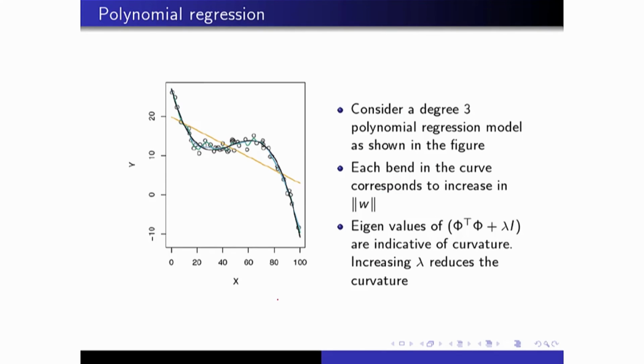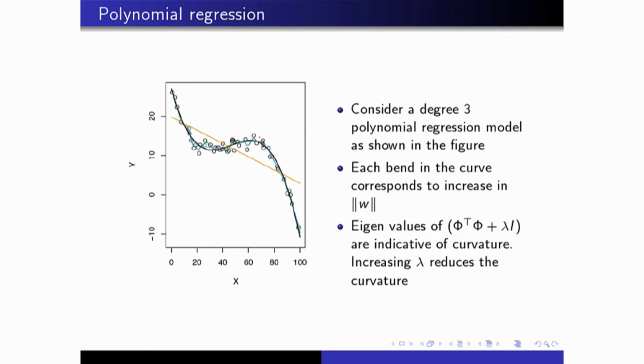So you could consider polynomial regression with all these different kinds of regularizations, and here's an example degree 3 polynomial regression model. And as we expect, with increasing values of lambda, for example in the ridge regression case, we would get less curvature.